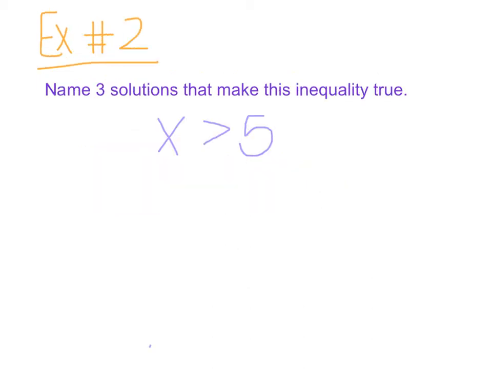Example 2: name 3 solutions that make this inequality true. So x is greater than 5. We're trying to figure out 3 numbers that could be x. What are 3 numbers that are greater than 5? Well, there's lots of choices.